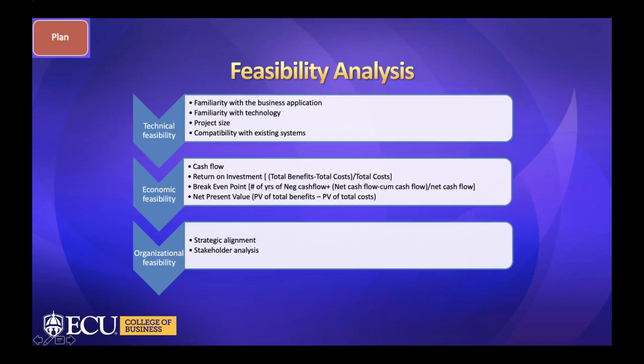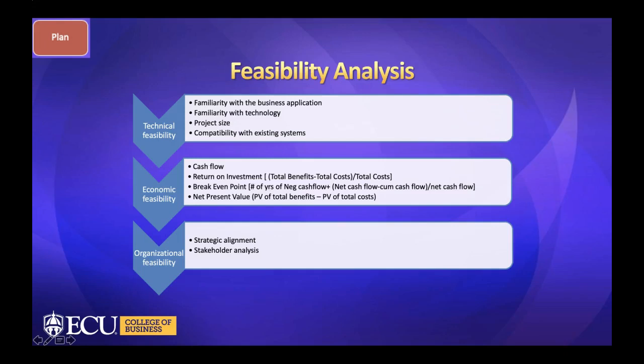Sometimes medium-sized companies take on projects worth multiple millions of dollars, and then they fail because they cannot handle the size of the project. Also, compatibility with the existing infrastructure is very important.